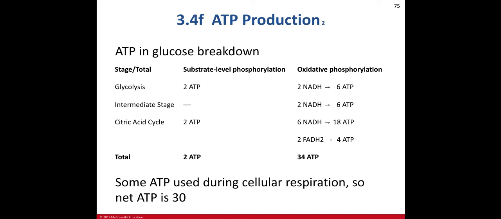So the net number that we make is 30 ATP when a human body breaks down glucose. That being said, that magic 30 number is sort of an ideal number. We can definitely make less in a real situation. But 30 is this net max ideal number of ATP that are formed.